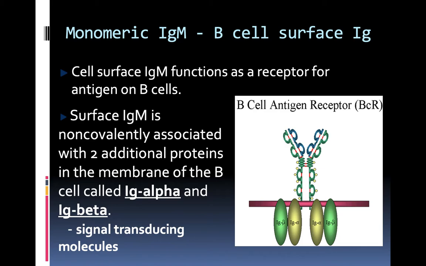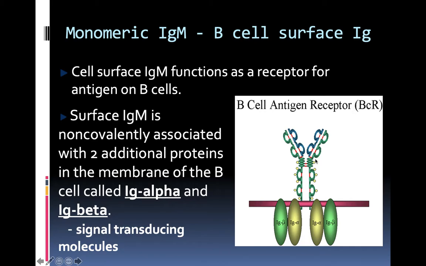Their proper orientation in the cell membrane of the B cells can be attributed to non-covalent associations with two additional proteins represented in this picture: the Ig alpha and the Ig beta proteins. Both of these proteins are signal transducing molecules. They serve as initial elements of signal pathways where our IgM as a BCR is involved.